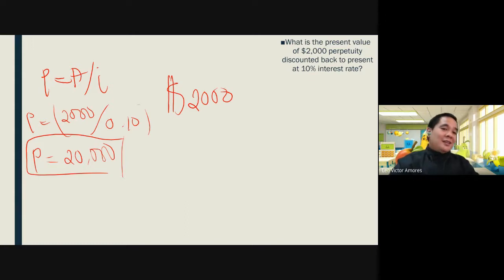So if you die, your dependent receives it. Or second, you receive 2,000 monthly until the day you die.